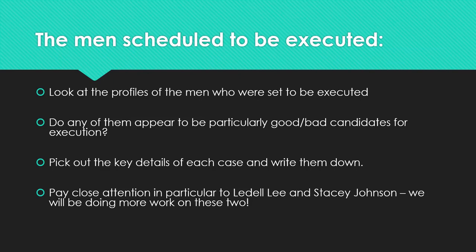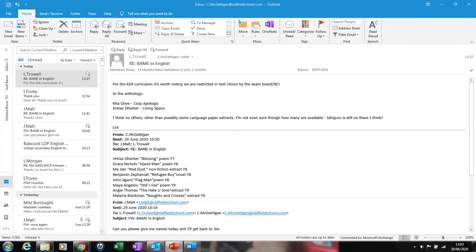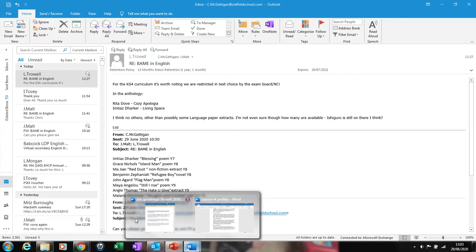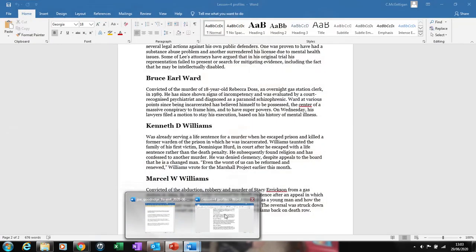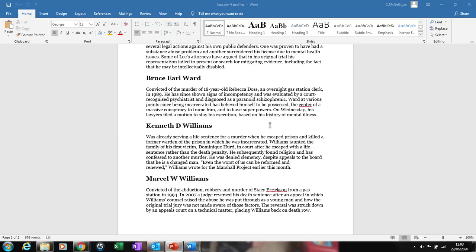Okay, so there is a Word document that I would like you to open on the Show My Homework assignment, and that is a document that gives profiles of the men who were set to be executed, and it looks something like this.